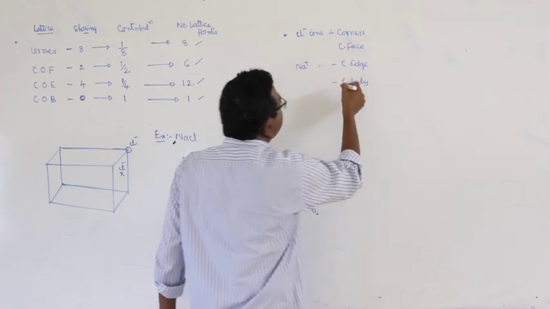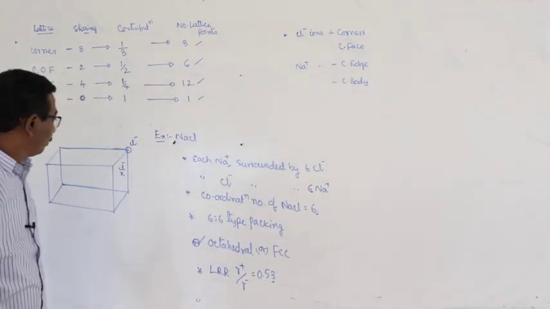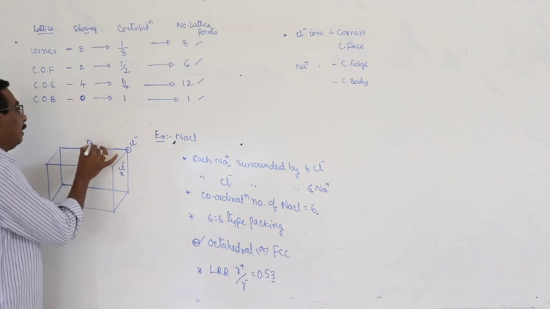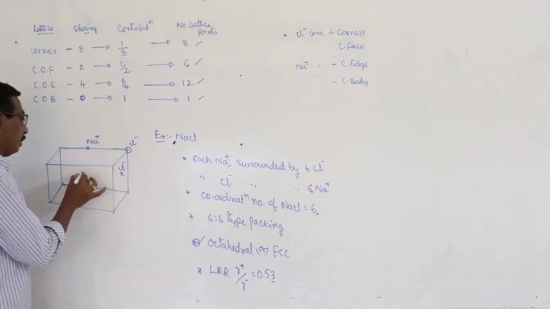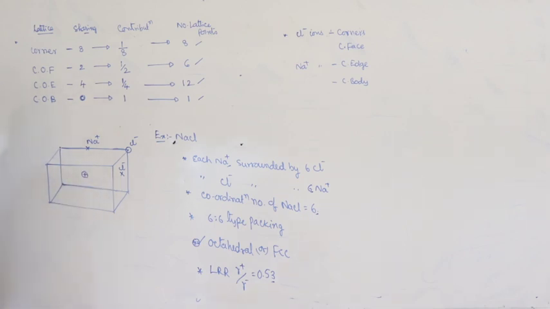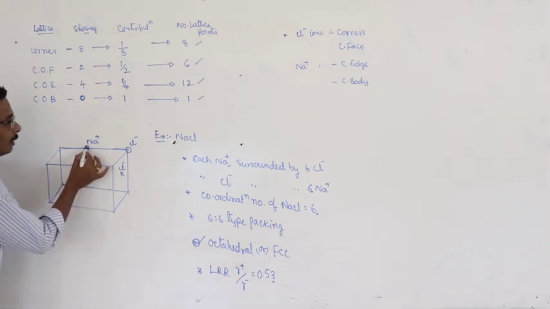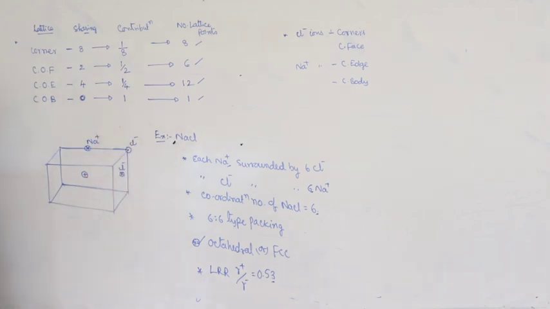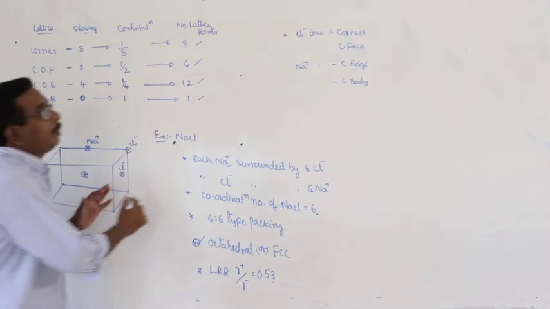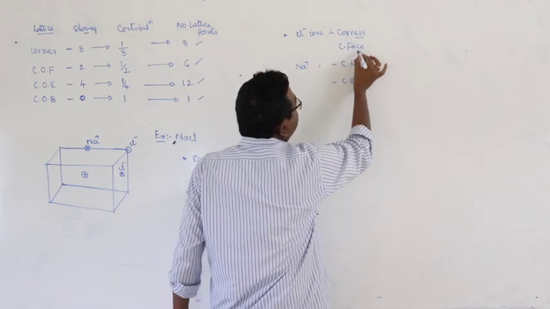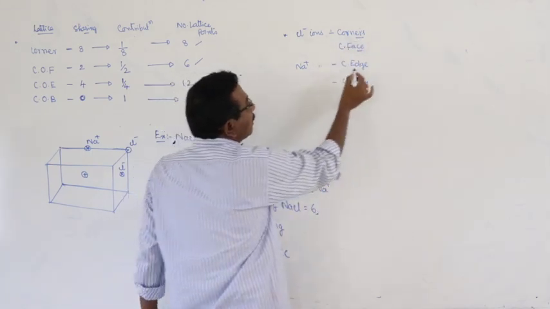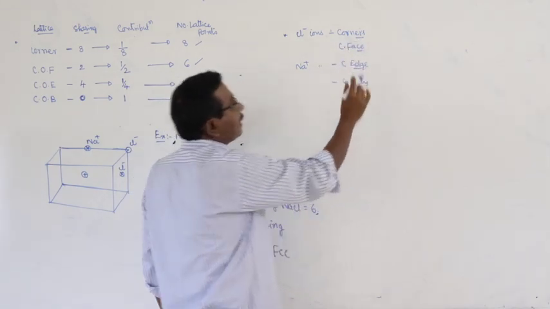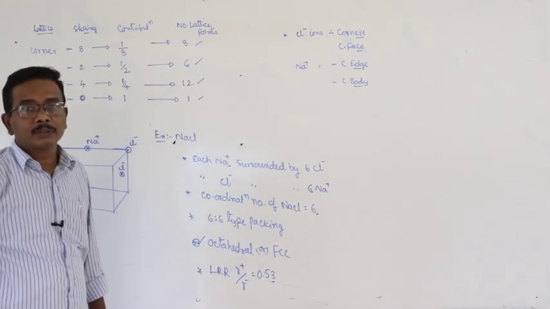Center of the edge, center of the body means here Na plus ion, and here this is Na plus ion. This is center of the body, this is center of the edge, this is center of face, this is corner. Cl minus ions are present at corners and center of the face. Na plus ion is present at the center of the edge and center of body.